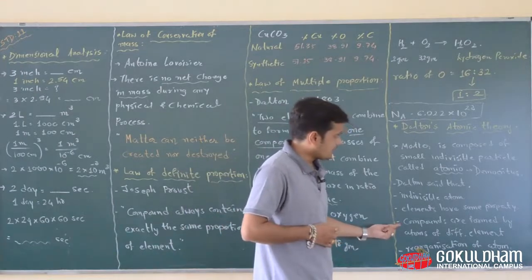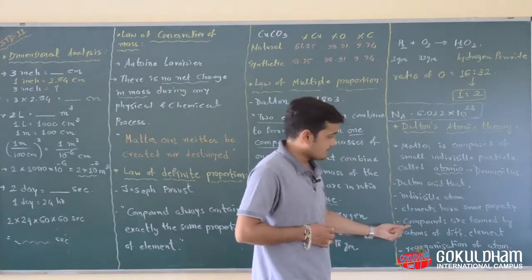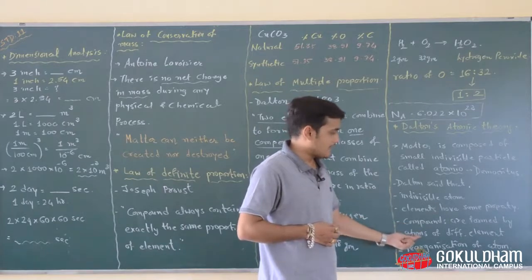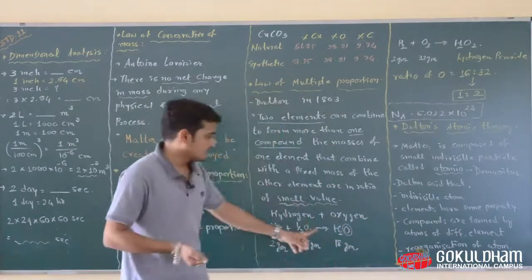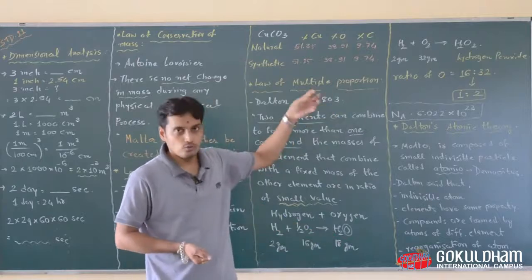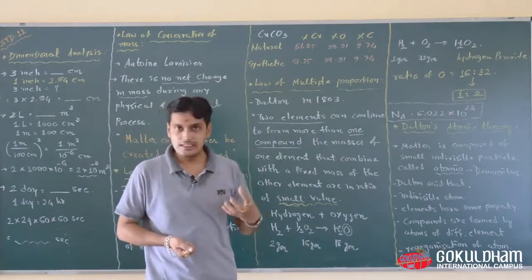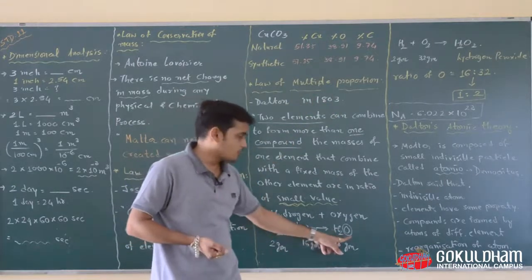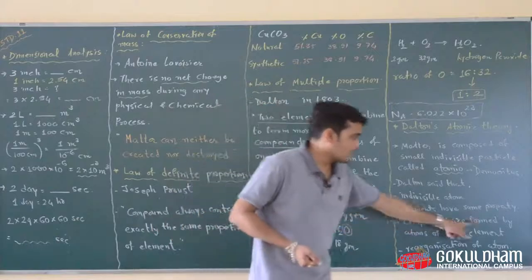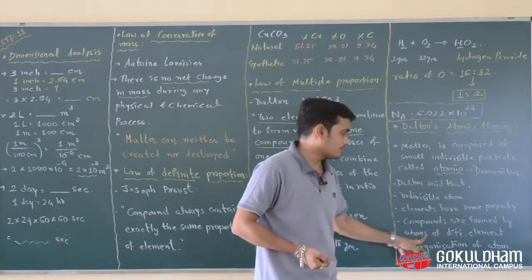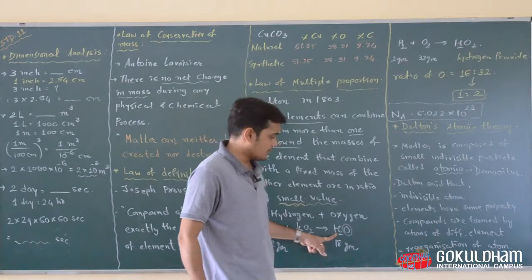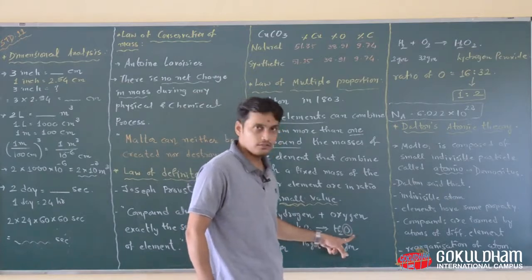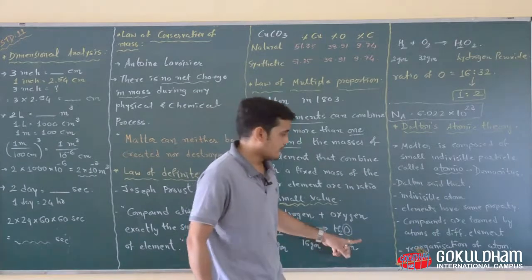The third point of Dalton's atomic theory is compounds are formed by the atoms of different elements. Compounds means, for example, H2O and H2O2. We can say that H2O is formed by the atoms of different elements. There are 2 hydrogen atoms and 1 oxygen atom.